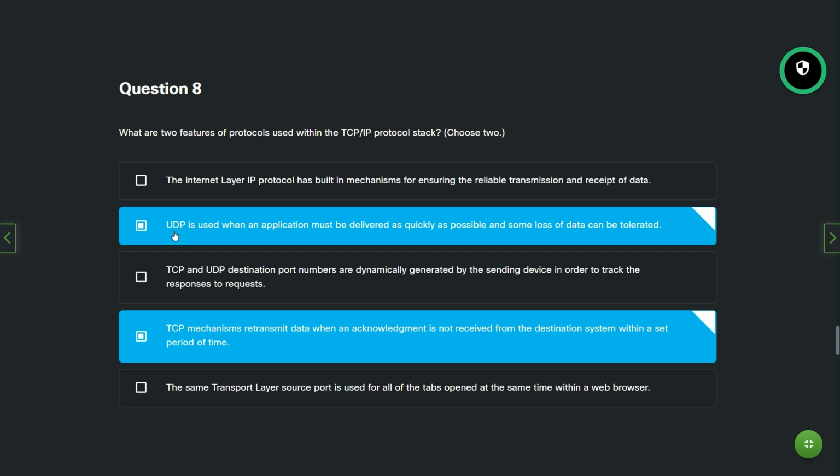Okay, I think UDP is used when an application must be delivered as quickly as possible and some loss of data can be tolerated. And TCP mechanisms retransmit data when an acknowledgement is not received from the destination system within a set period of time.